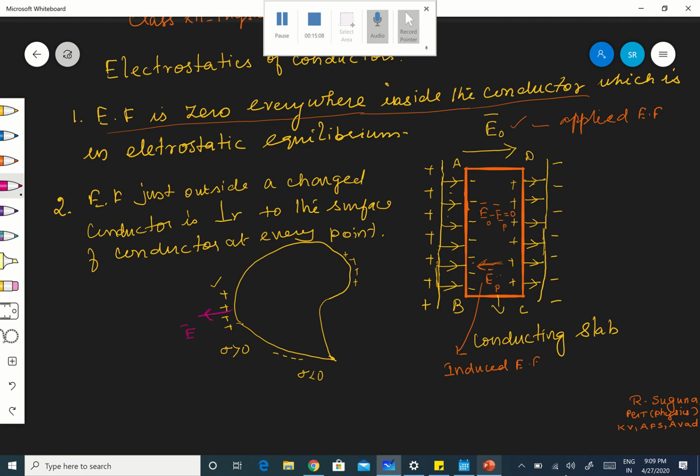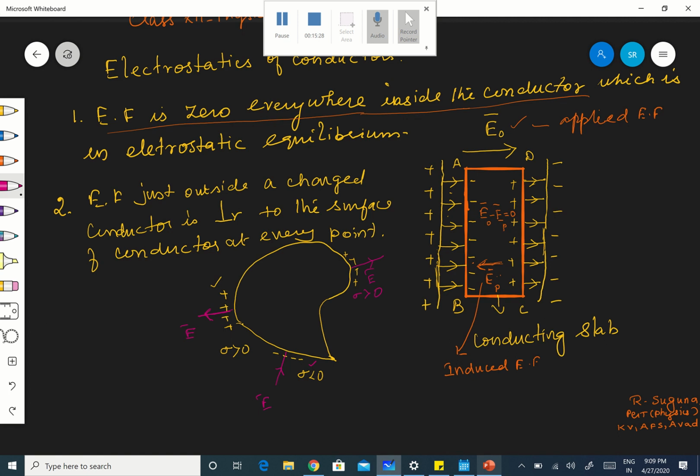But here in this case, sigma is less than 0, so it will be normal, but an inward normal. This is the electric field here. And here it will be an outward normal, depending upon your sigma being more than 0. Is it clear?